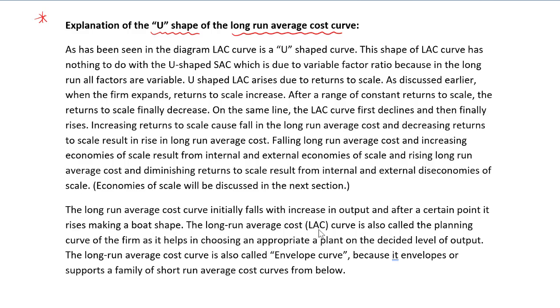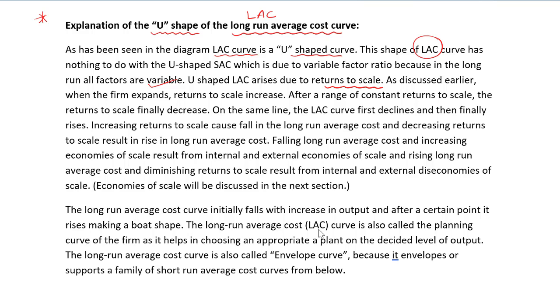Why is the long run average cost curve, the LAC curve, U-shaped? As has been seen in the diagram, the LAC curve is a U-shaped curve. This shape of the LAC curve has nothing to do with the U shape of SAC, which is due to the variable factor ratio, because in the long run all factors are variable. So the U-shaped LAC arises due to returns to scale.